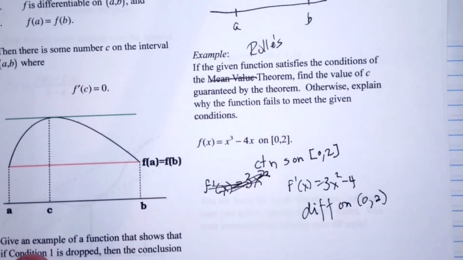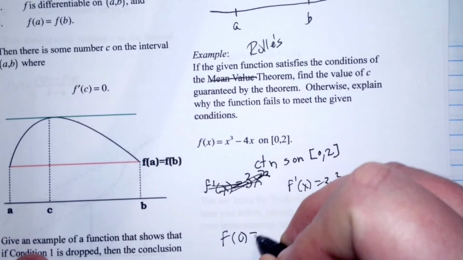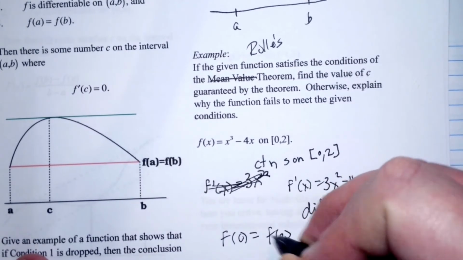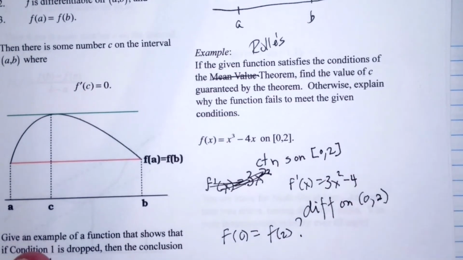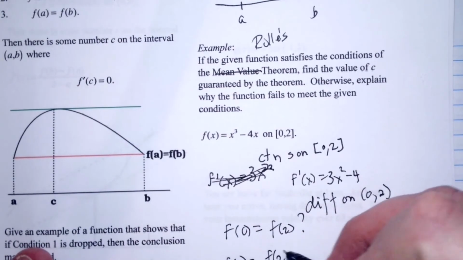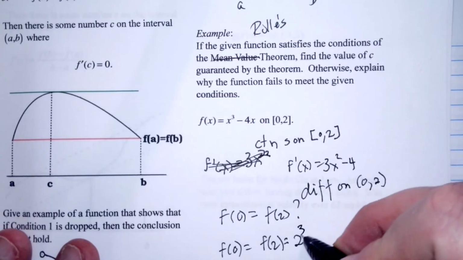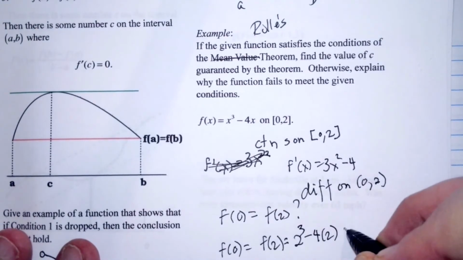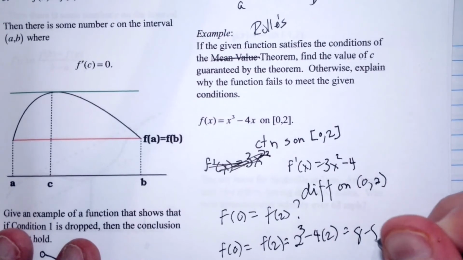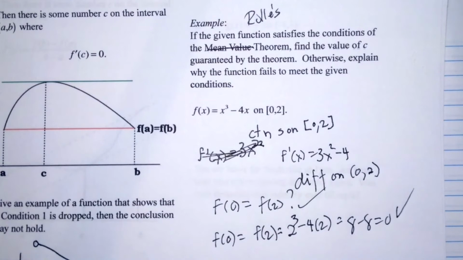And finally, does f of a equal f of b? So does f of 0 equal f of 2? Well, f of 0 is 0, that's nice. And f of 2 is 2 cubed minus 4 times 2, which is 8 minus 8, which is 0. So all three conditions are met.